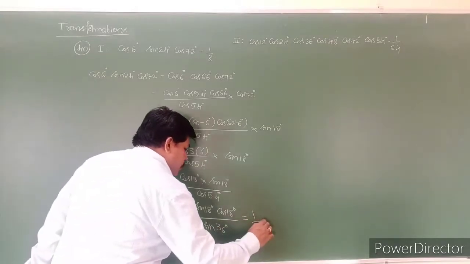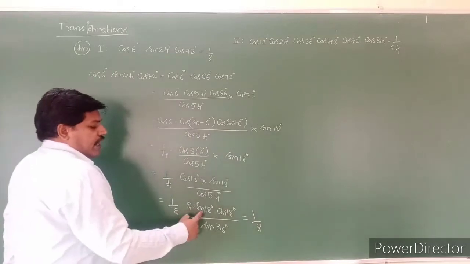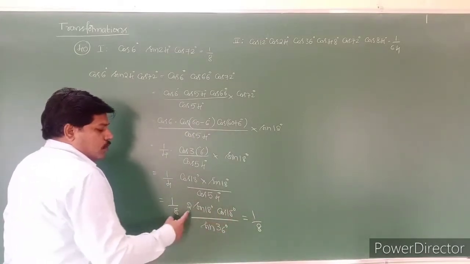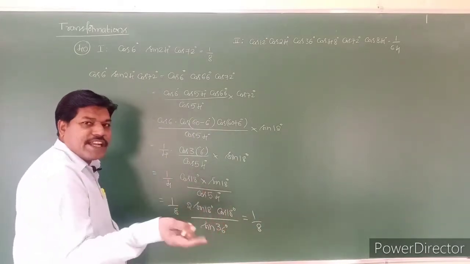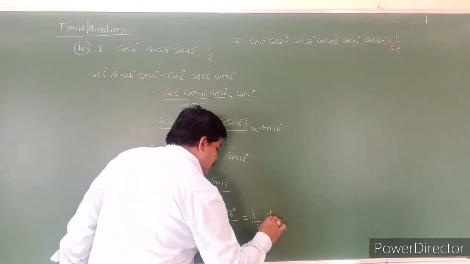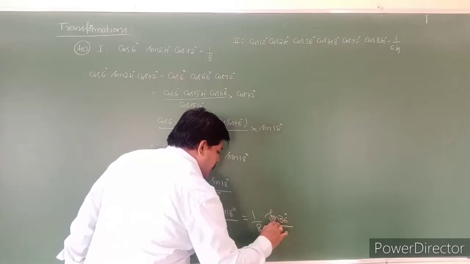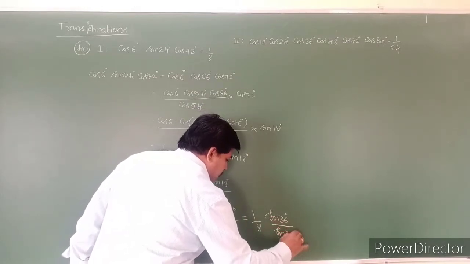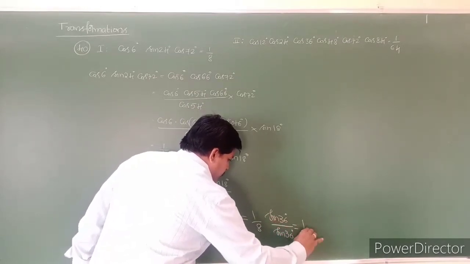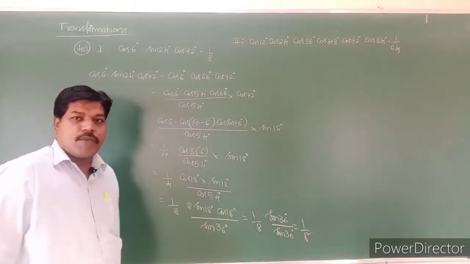So that is equal to 1 by 8 into the 2 sin theta cos theta formula, which is sin 2 theta. So it will become sin of 2 into 18, which is 36 degrees, by sin 36 degrees. It will become 1 by 8.